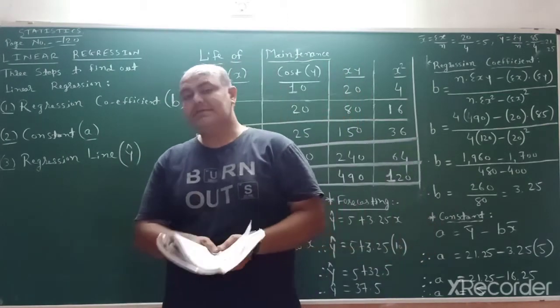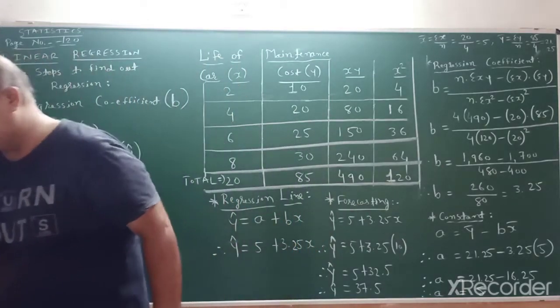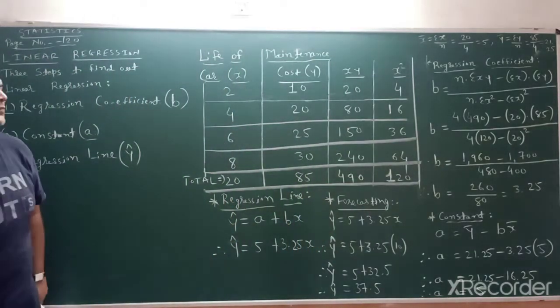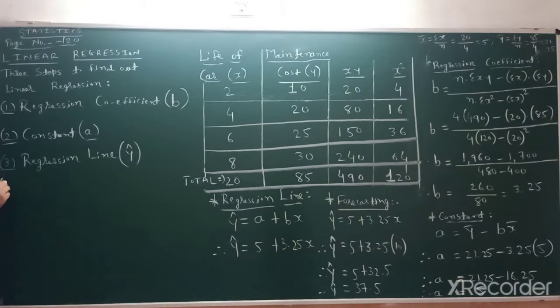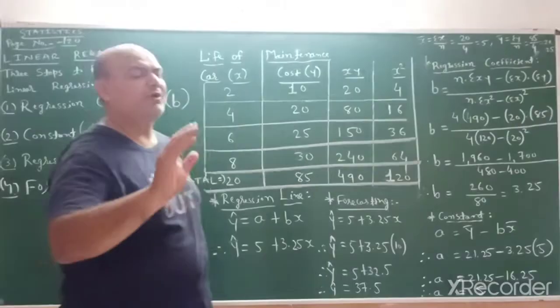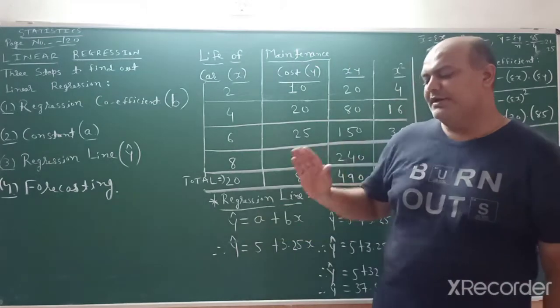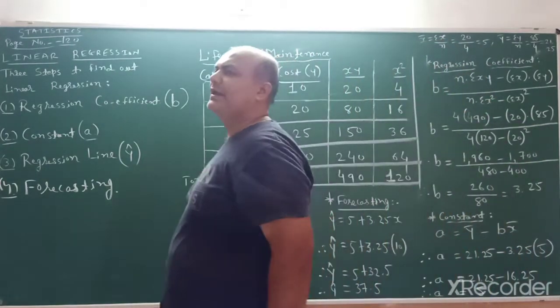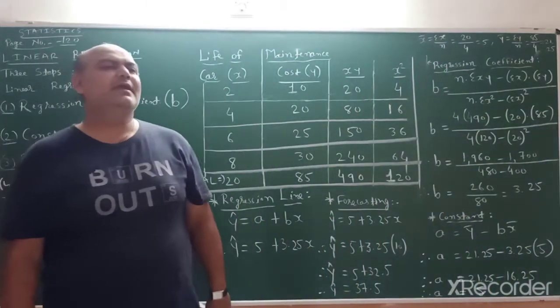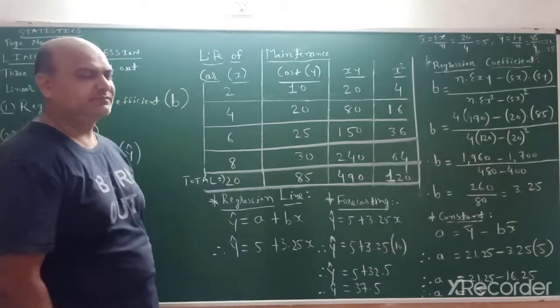And sometimes, if they ask in the question, like in this particular sum, a fourth step is also applicable, and that is forecasting. Forecasting means some point is given, and from that point we have to find another point.